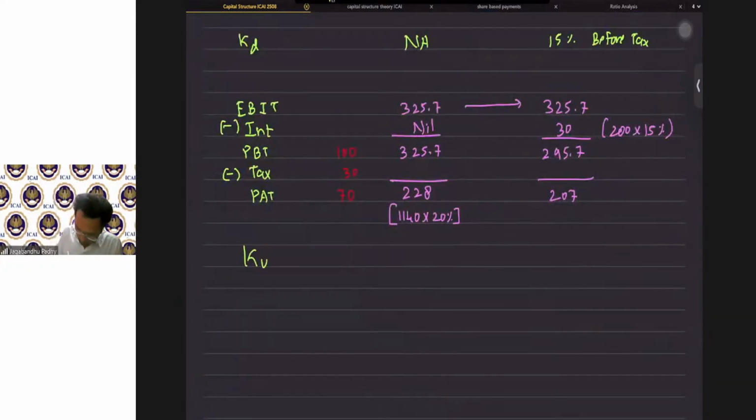And what about the overall cost of capital? Overall cost of capital, of course, for the levered entity we are talking of, that's shortcut method, EBIT (1 minus T) upon value of the firm.